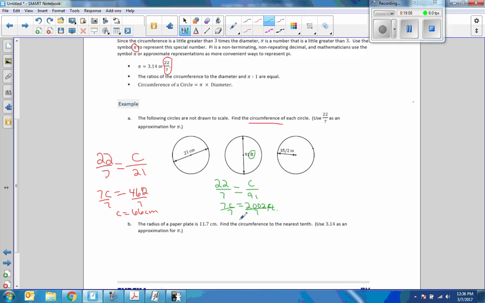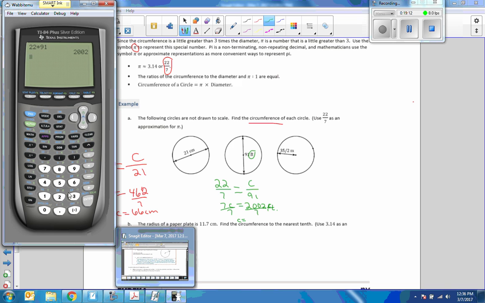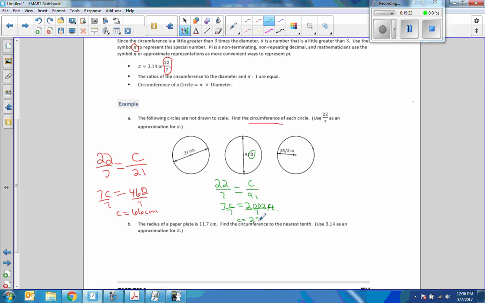Okay, and then C equals 286. So the distance from here all the way around, if I took that string and straightened it out after going around once, it'd be 286 feet long.